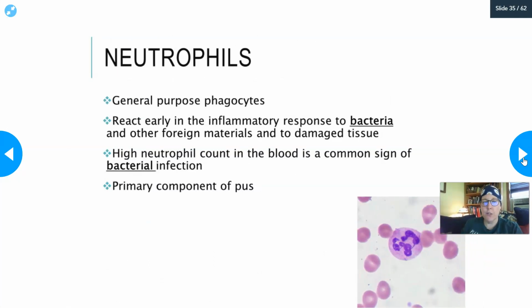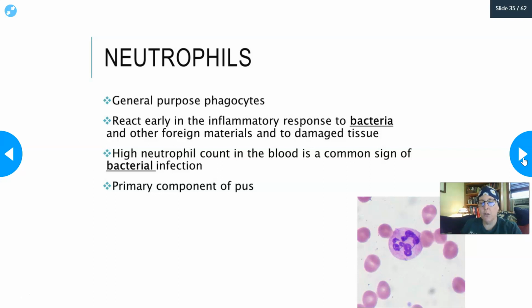So your neutrophils are, again, general purpose phagocytes. They react early in an inflammatory response to bacteria. So if the neutrophils are increased in the patient's CBC report, then you can suspect a bacterial infection. They also respond to other foreign material in damaged tissue.